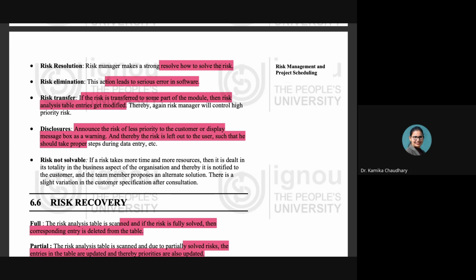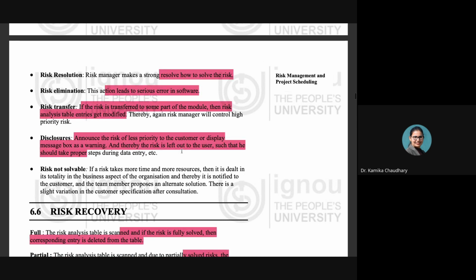If a particular risk has occurred and the team members find that it cannot be solved, the first responsibility of the team is to inform the customer that this kind of risk has occurred and it is not solvable. Another responsibility of the team is to propose an alternate solution to the customer, and then discuss with him and go further, depending on whether he agrees or not.